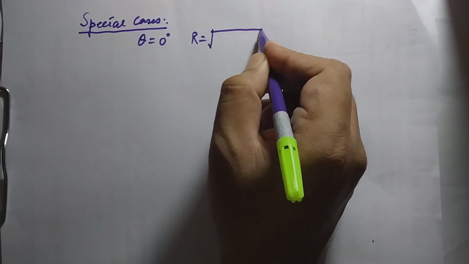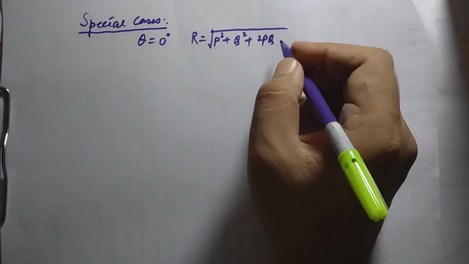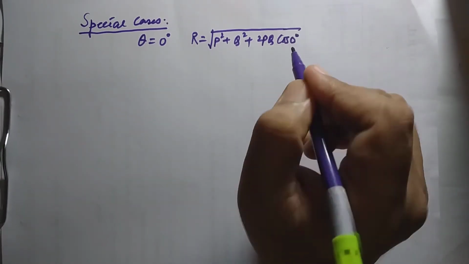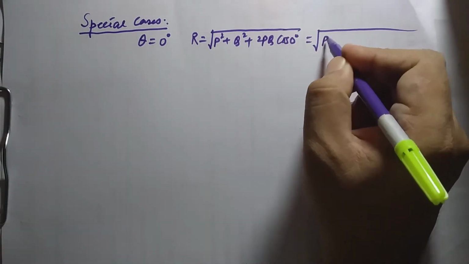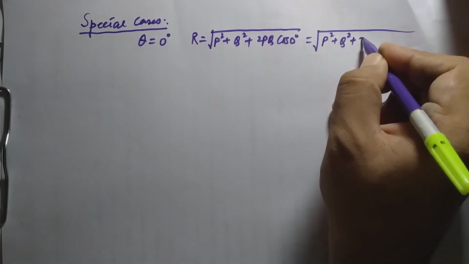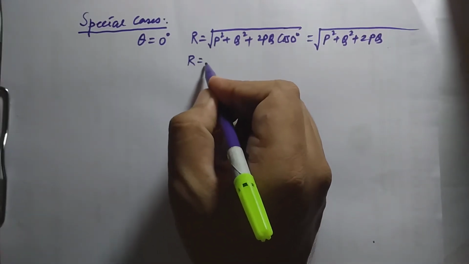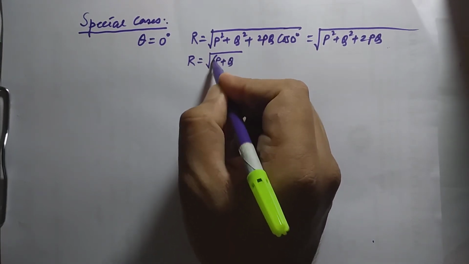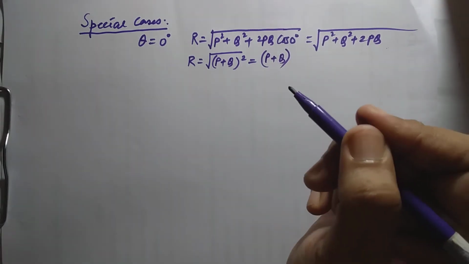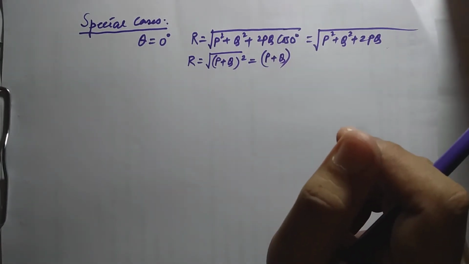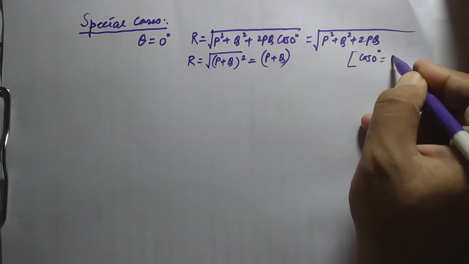Formula root over P square plus Q square plus 2PQ cos 0. What is the value of cos 0? Cos 0 is 1. So you can write root over P square plus Q square plus 2PQ. That means P plus Q whole square. So R is equal to root over P plus Q whole square, means P plus Q. That is the thing. Remember this one, cos 0 degree is equal to 1.